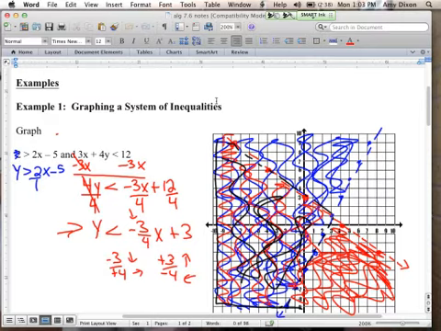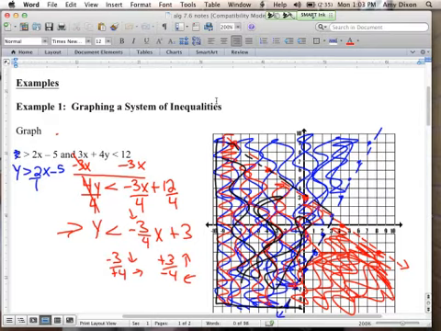This is your answer. I was just highlighting the answer. All of these coordinate points are your solutions to the system. This is a system of linear inequalities where all of these that I've highlighted in black will make both inequalities true, which means it's a solution.